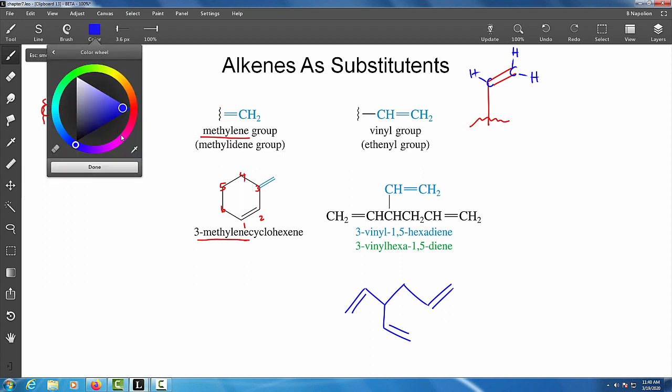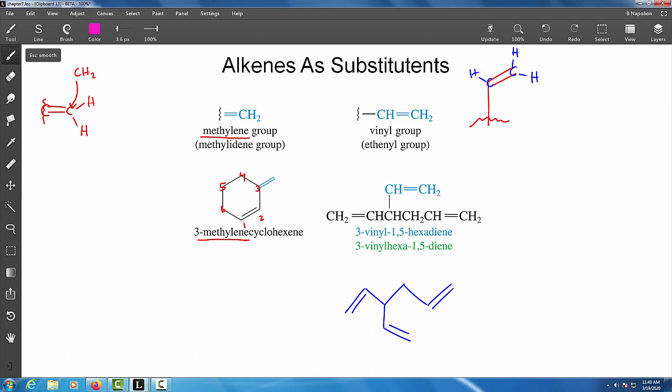So this would be our parent chain that I have circled in purple. This is carbon 1, 2, 3, 4, 5, 6. Notice that your first double bond starts on carbon 1. Second double bond starts on carbon 5.